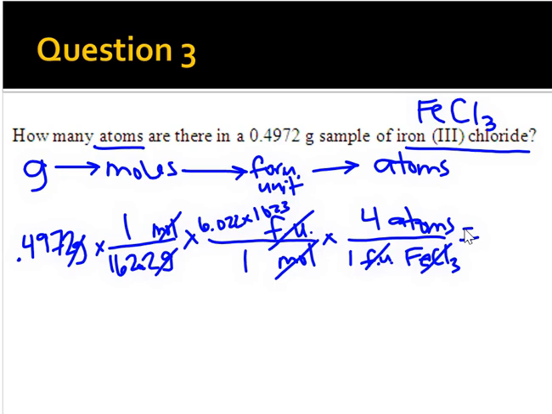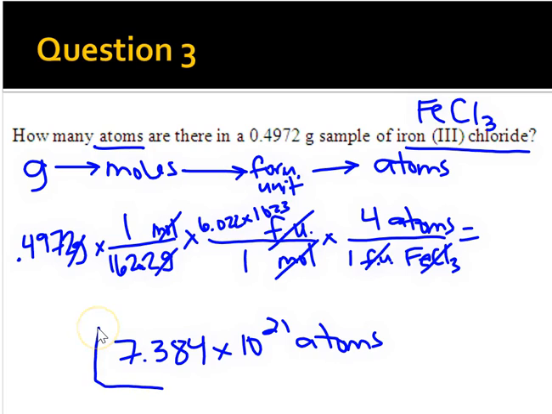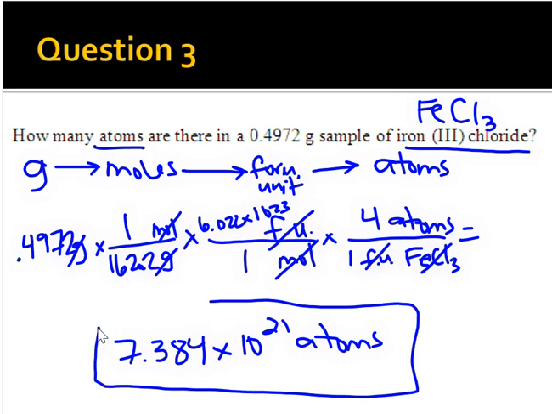We end up getting the number of atoms, with correct sig figs, is going to be 7.384 times 10 to the 21st atoms. Alright, so that's how many total atoms would be in that mass of iron 3 chloride.